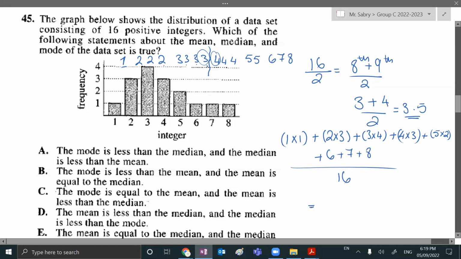When you do this on a calculator, I'm just not sure because I did it mentally. I think the sum is either 62 or 64. I'm not sure. Can you please just quickly do it?